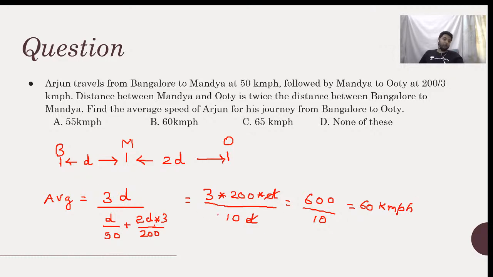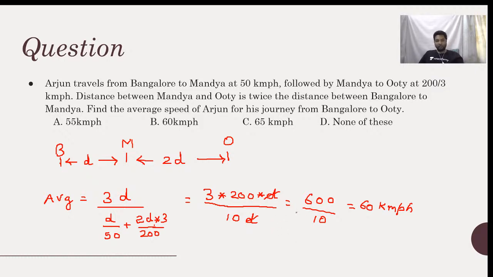The important point to note over here is that this distance d does not really matter. So I can take any value that I wish to for d. So in very simple terms, if I consider d as 100 kilometers, then also I would have got the same answer, right?